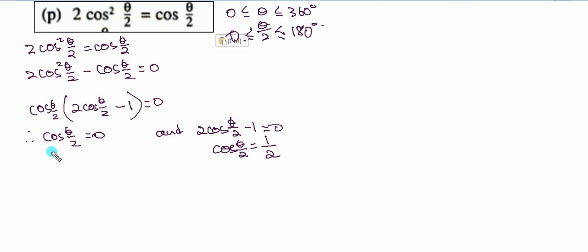Cosine theta over 2, basic angle for cosine equal to 0. Based on the table, still remember the table. Cosine 0 is actually, the basic angle is actually 90 degrees.